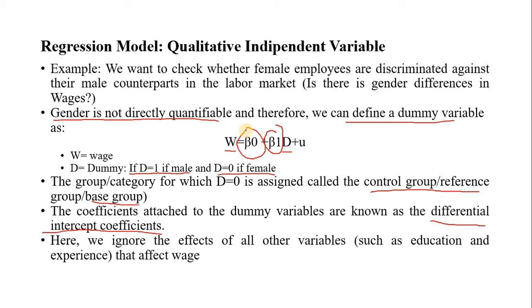Here W is the wage, beta 0 is the intercept, beta 1 is the differential intercept coefficient, and D is the dummy in which 1 is male and 0 is female, and U is certain other factors like education and experience. There is a large number of other factors that affect the wage rate, so all other factors are included in this error term. Is it okay? Yes.